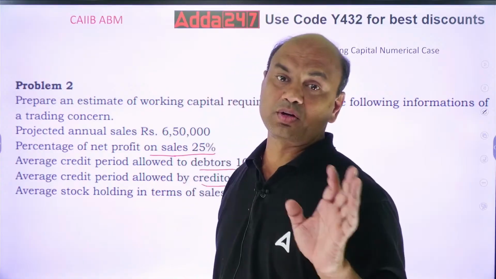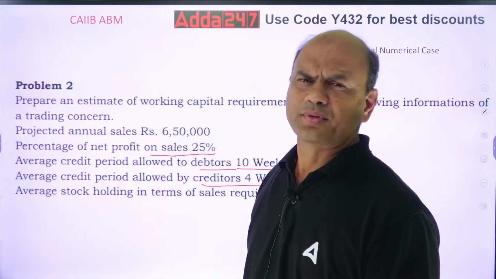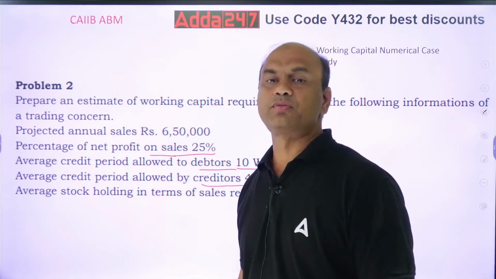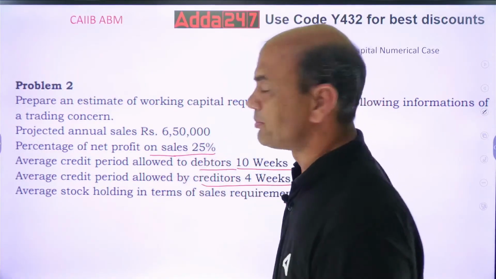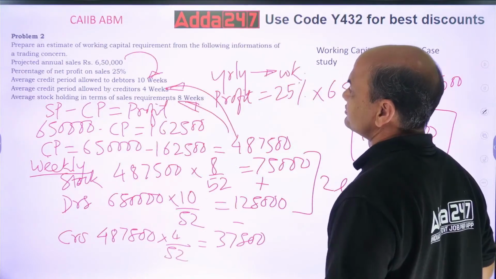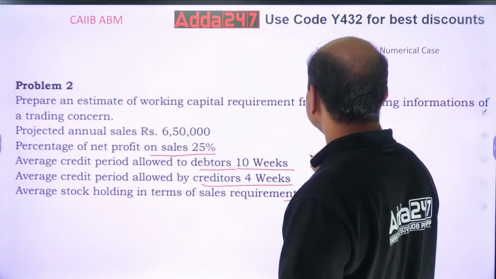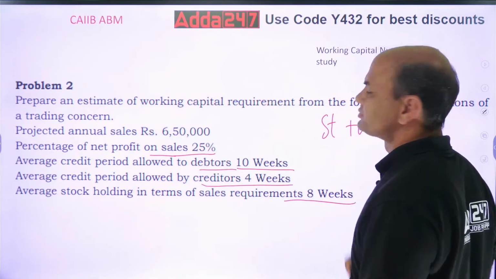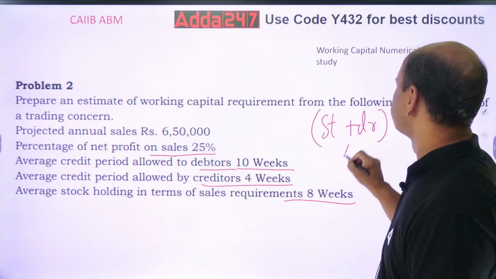So you have to find out the working capital estimate. Kindly remember, you have to use the Tandon committee method. Firstly, you will have to find out the working capital gap. Let me show you what you have to do. Stock plus debtors, these two are my current assets.